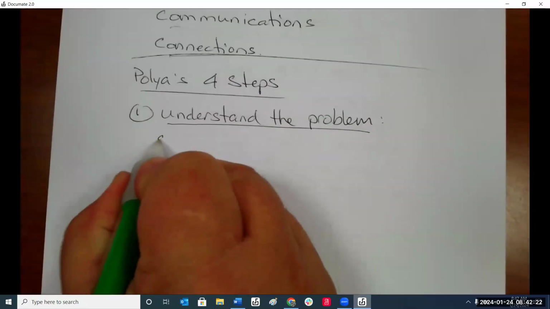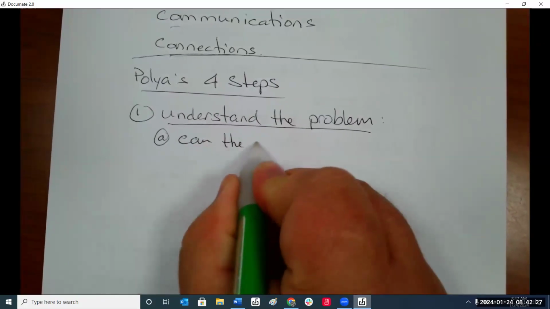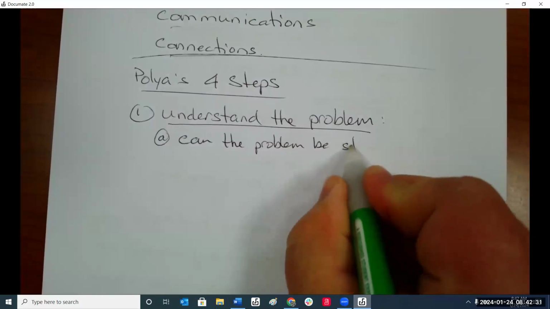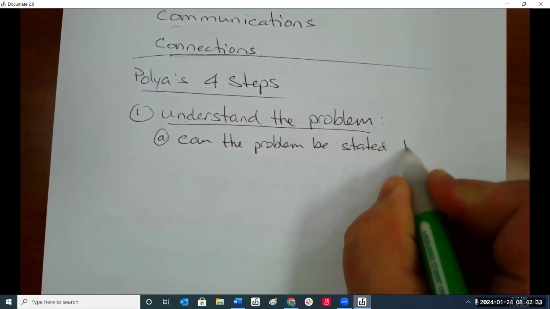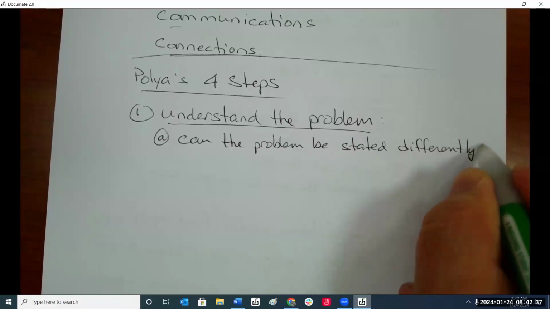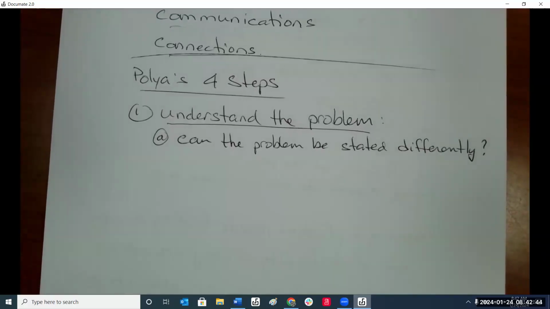Understand the problem. For example, can the problem be stated differently? If you don't understand the problem, see if you can restate it.